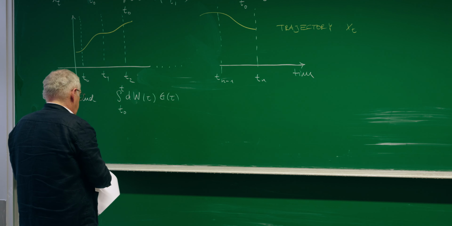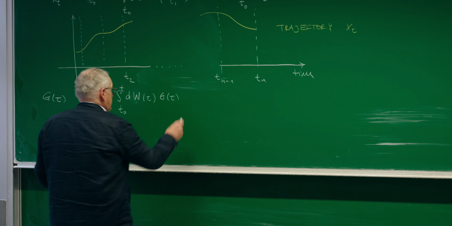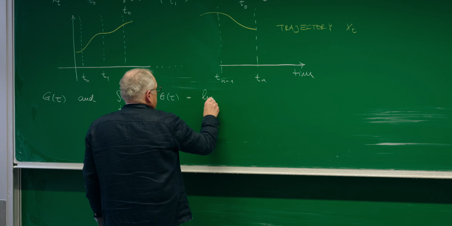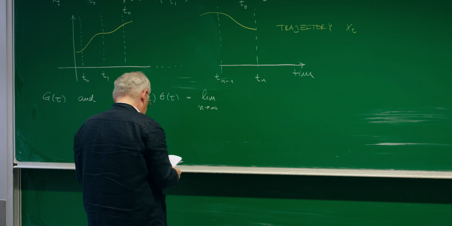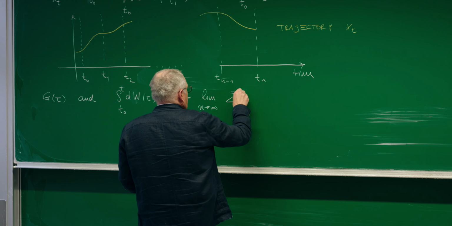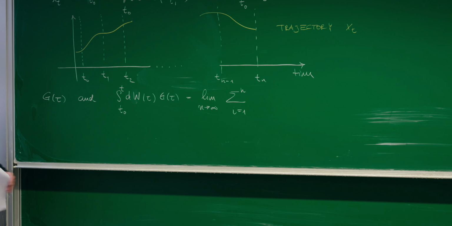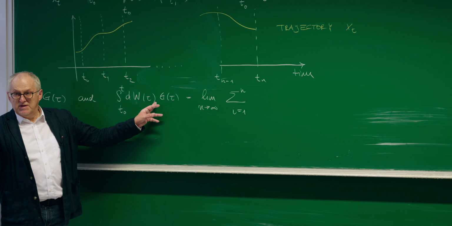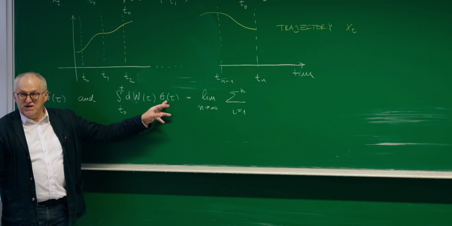We can do this by a limiting procedure, right? We can say this is a limit of n going to infinity, sum from i equal 1 through n, but now it's not really fully clear what you do. Where do you choose the taus here to be?